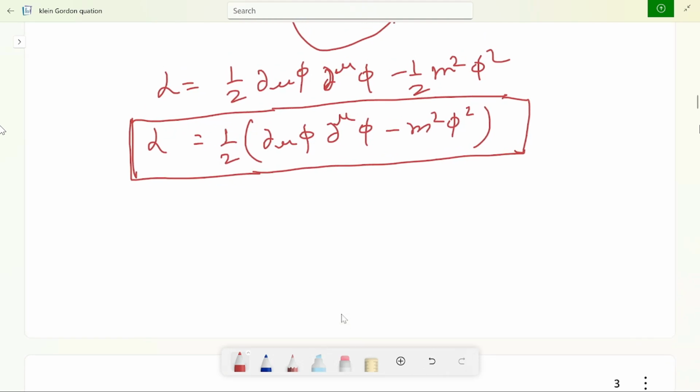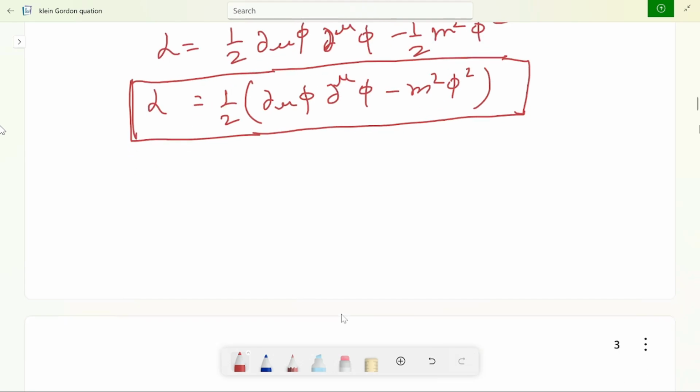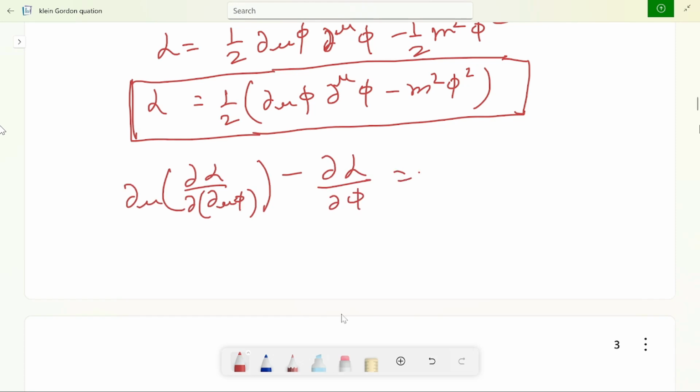So the equations of motion for such a Lagrangian density would of course be given by the Euler-Lagrange equation, which would just be d mu dL by d d mu phi minus dL by d phi is equal to 0. You can see that mu is the index that is being used for the derivative and also in the Lagrangian density.